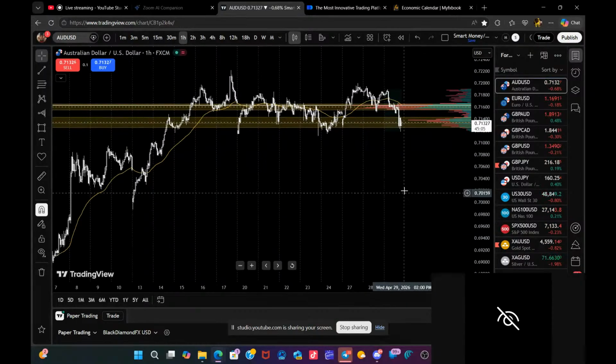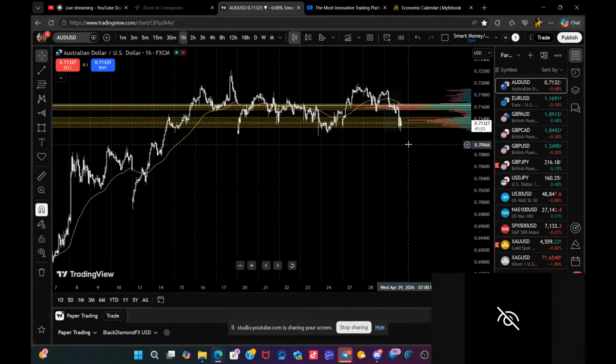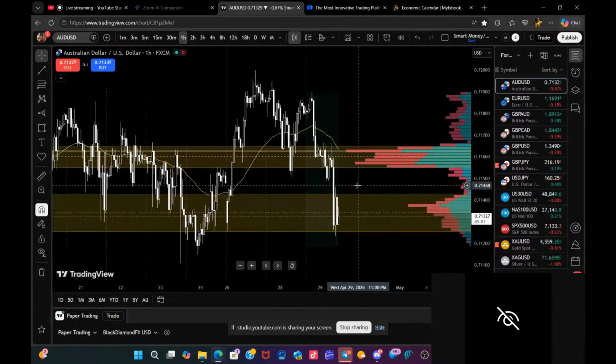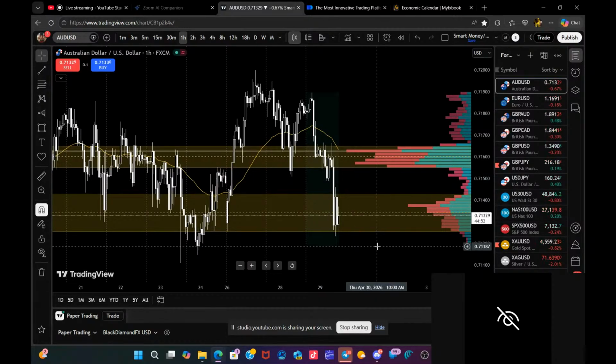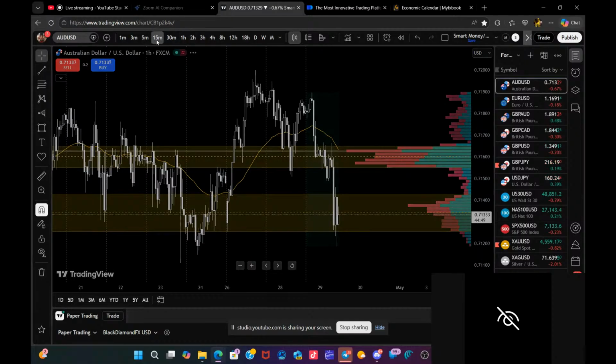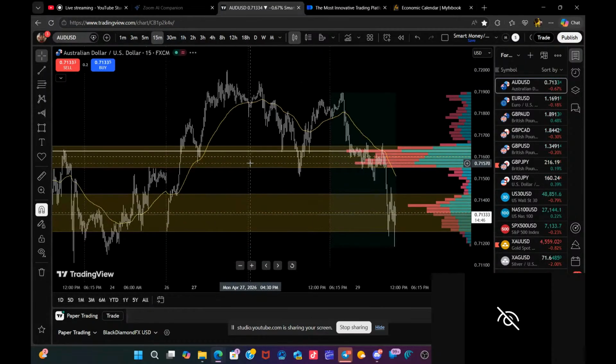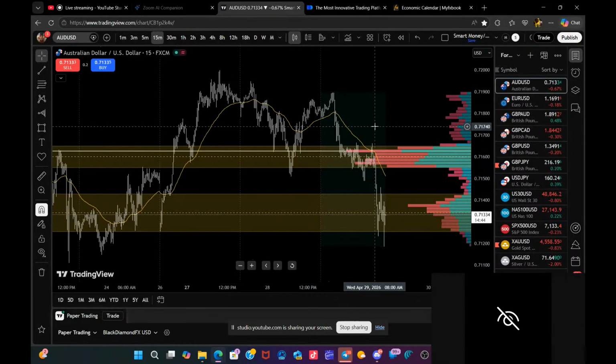Or break out and then break out the bottom side and retest. Or it could break out the top, consolidate a little bit, break out the top, and then drop. All right. But I probably would be looking for something bearish on AUD USD. Let's look at it. Tell me this ain't bearish.